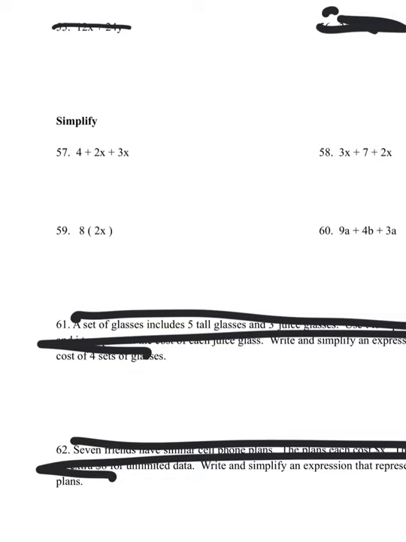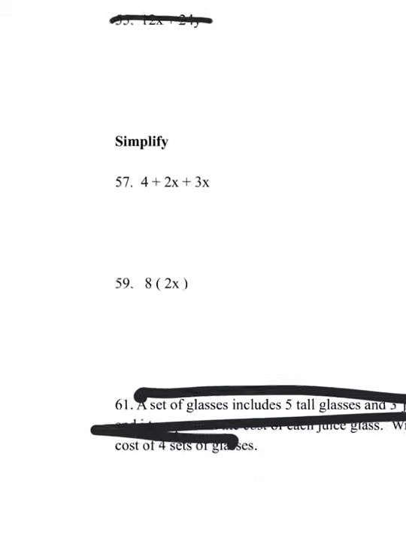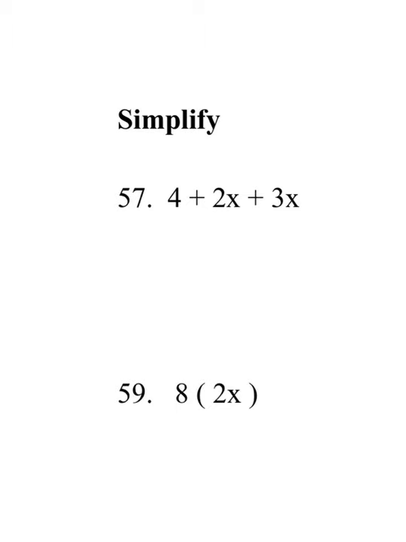Now for this next section, it's asking us to simplify. So that means combining like terms or maybe taking any pieces out that we can. So 57, we want to combine like terms. So we have to look at which terms, each one of these is a term, are like or similar. I see that we have 2x and 3x.